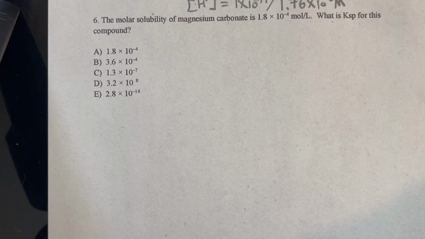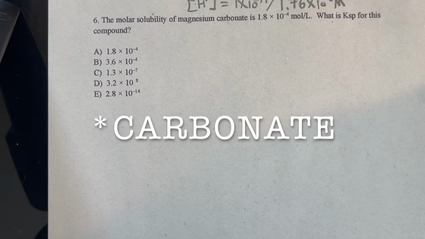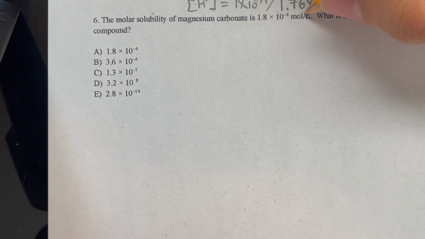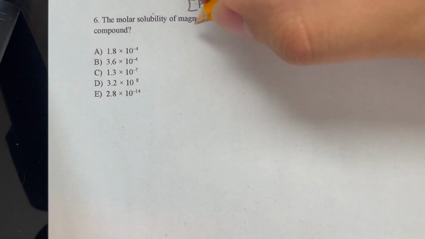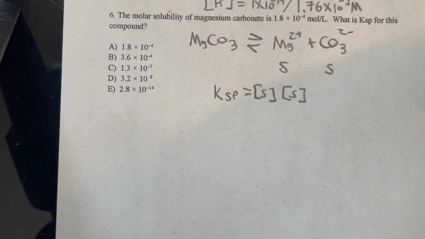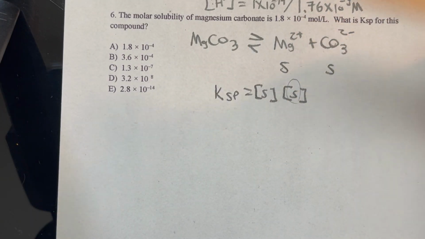So this question is similar to another one that we did. It says the molar solubility for magnesium hydroxide is 1.8 times 10 to the negative 4 moles per liter. What is the KSP for this compound? So, okay. We're told the molar solubility, which is S, and it's in moles per liter.